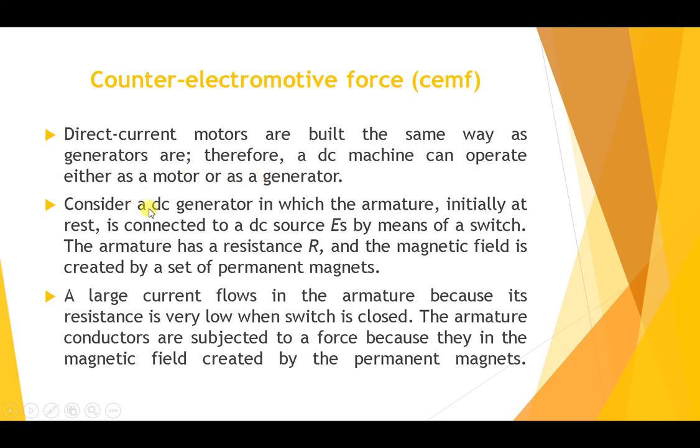We consider a DC generator in which the armature is initially at rest and is connected to a DC source ES by means of a switch. The armature has a resistance R and the magnetic field is created by a set of permanent magnets.